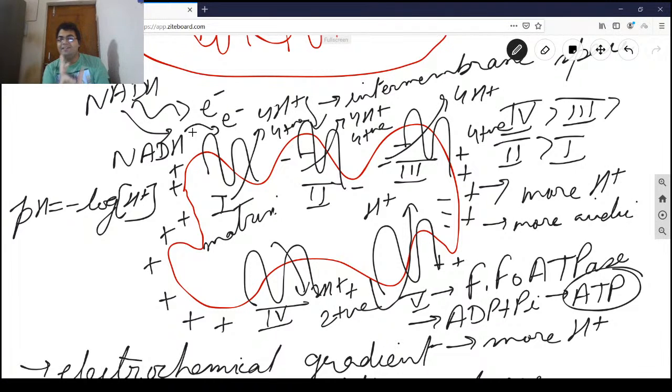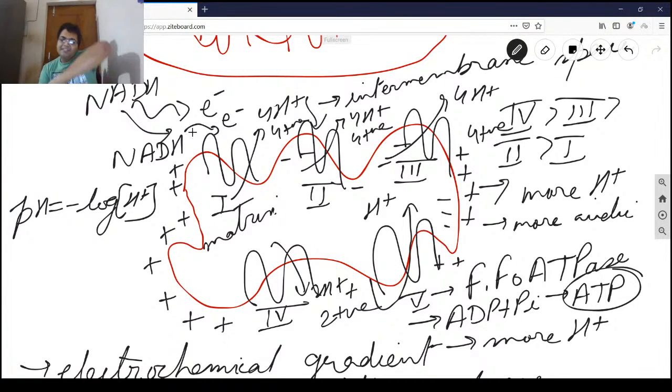From now on you can tell your teacher and your friends that we eat food mainly to acquire electrons, so that our electron transport chain can function properly, and then only will complex 5 be able to harness the energy derived from the electrochemical gradient.